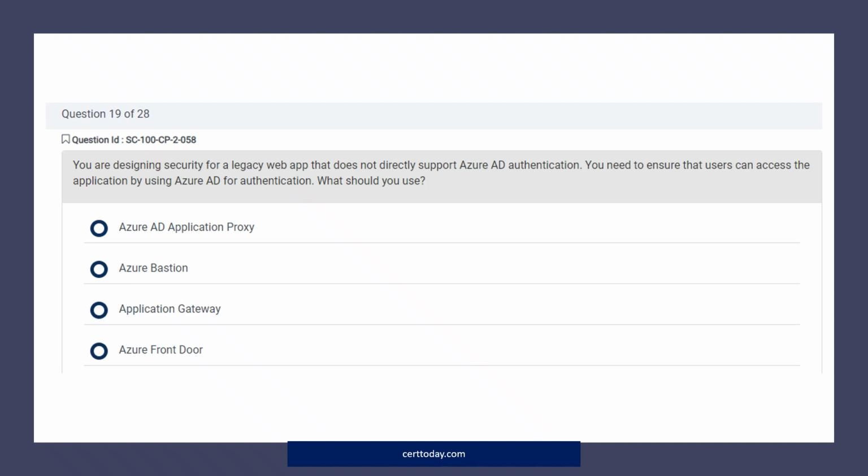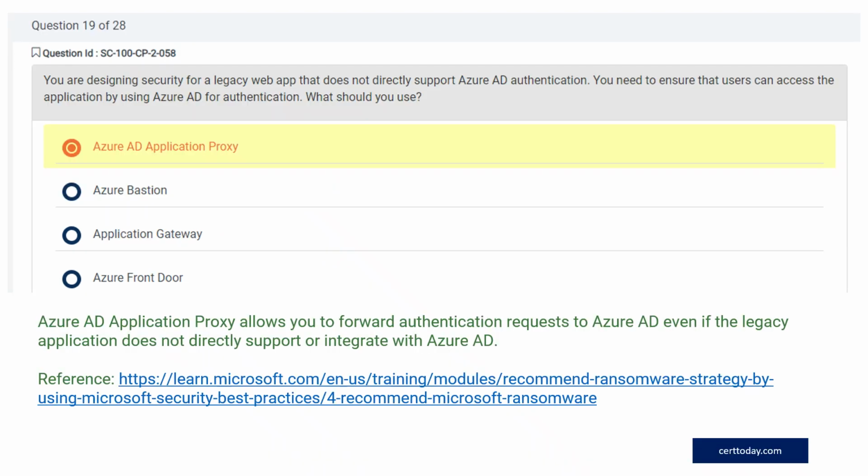C. Application gateway. D. Azure Front Door. Azure AD Application Proxy allows you to forward authentication requests to Azure AD even if the legacy application does not directly support or integrate with Azure AD.